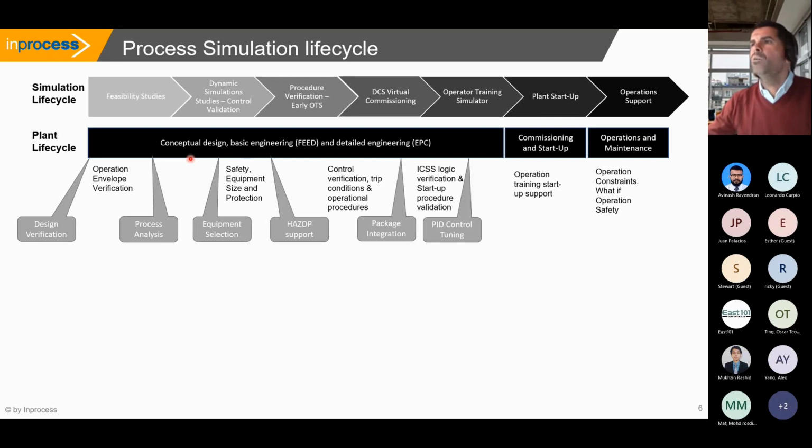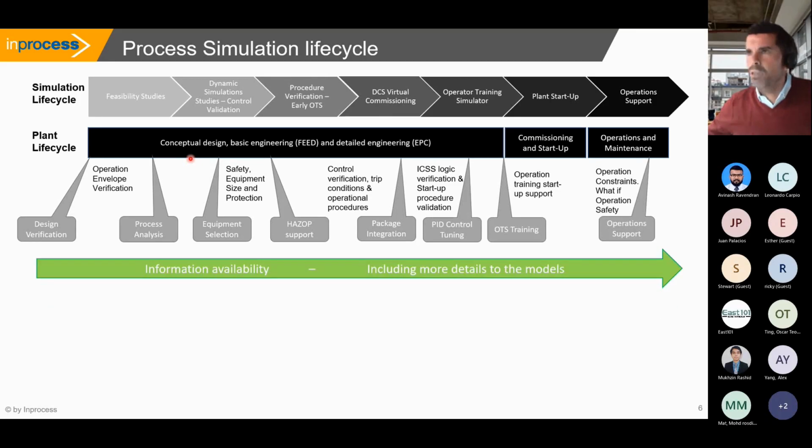For instance, how do we test and how do we do all the control tuning, not only of the different packages with the local PLCs, but also how they need to be handled and controlled under the complete DCS. We complete and we deploy the OTS training and the operation support.